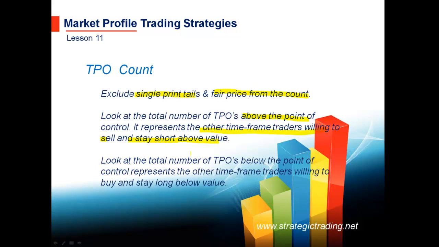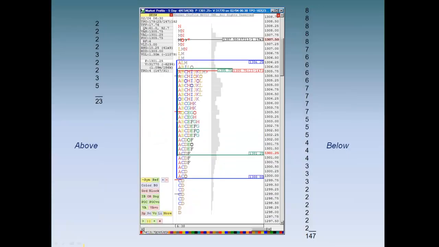There is more selling than there is buying if the number above the point of control is larger than the number below the point of control. The number below the point of control is really the other time frame traders that are willing to buy and stay long below value. So we have two competing forces, and this TPO count tells us which of these competing forces is starting to dominate and where the imbalance is.